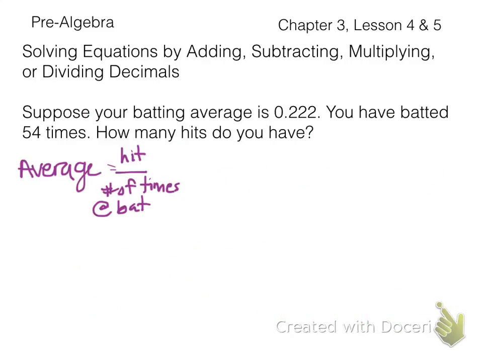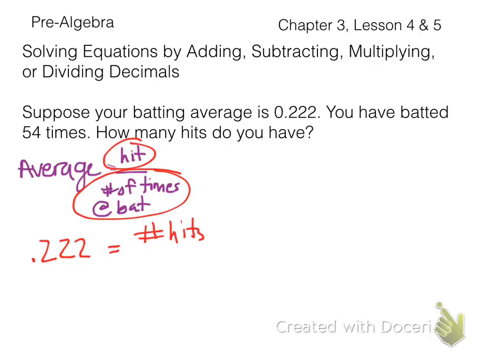Okay, and last problem. Suppose your batting average is .222. You have batted 54 times. How many hits do you have? Well, the average is equal to the number of hits divided by the number of times at bat. So if the average is .222, that equals the number of hits, which we're just going to call H for now, over the number of times at bat.